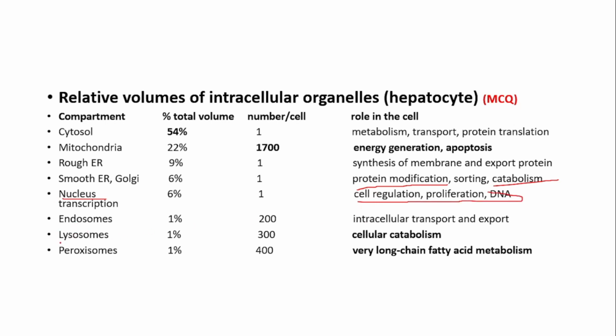And lysosomes help in cellular catabolism, that is catabolism of several proteins and catabolism of other organelles. Peroxisomes help in very long fatty acid metabolism. Okay, this is asked in NEET PG several times.